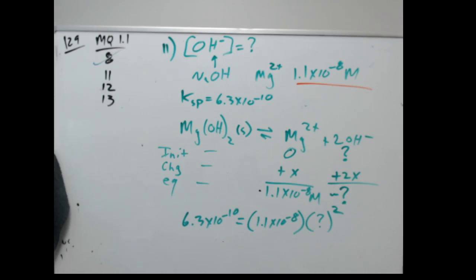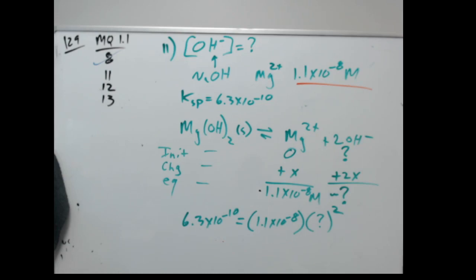Question? Because you're taking out the magnesium, the nitrate's still left. So you're really just worried about the 1.1 times 10 to the negative 8, and there's going to be extra nitrate ions left.